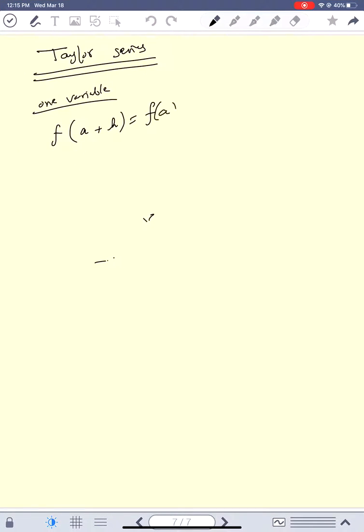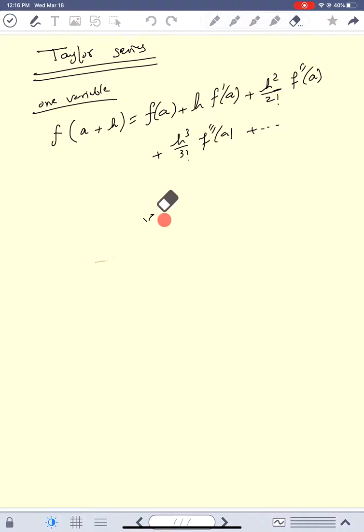It was f of a plus h f prime of a plus h squared over 2 factorial f double prime of a, and if you want to continue, plus h cubed over 3 factorial f triple prime of a, and so on. We all know this formula from calculus 2, okay?